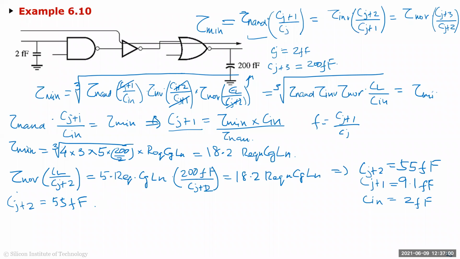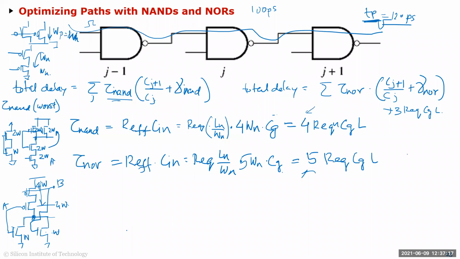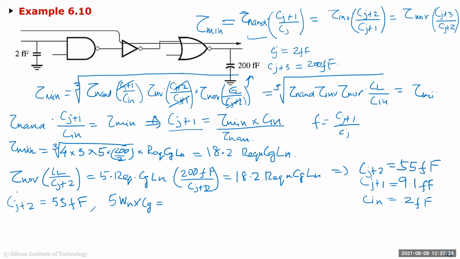And what is the total cap of Cj? It is 5 WN times CG, right? Remember, for the NOR gate, each one is 5 times the minimum WN, so I'm just using that. 5 WN times CGN should be equal to 55, and you remember this we had calculated before to be 2 femtofarad.